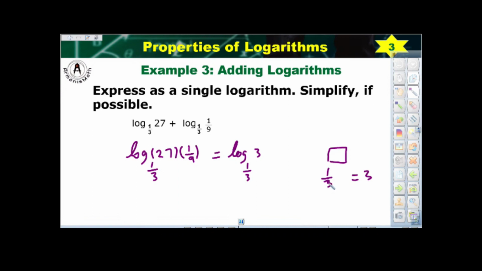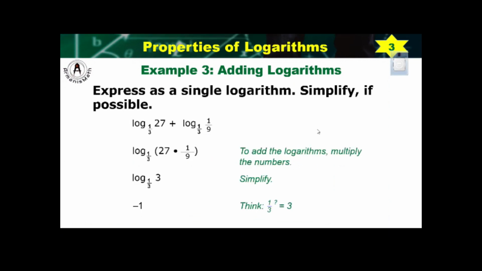That's 1/27. So let's try another one. What takes it from 1/3 to 3? Think about flipping the base. Yep, you flip the base. So the actual answer for this is -1. So this whole thing is actually -1, believe it or not.